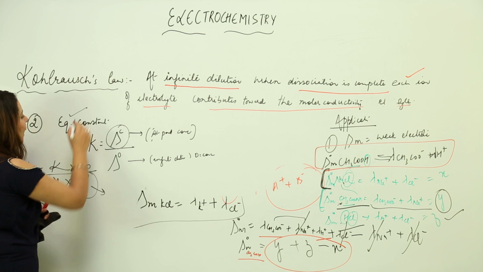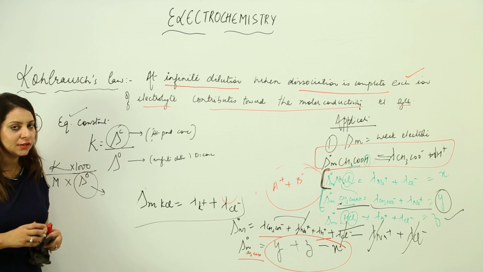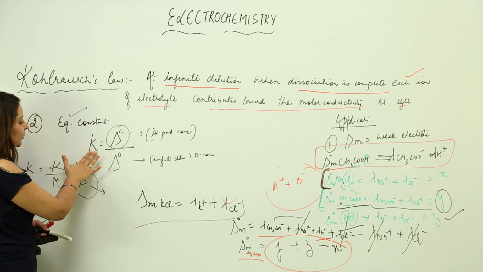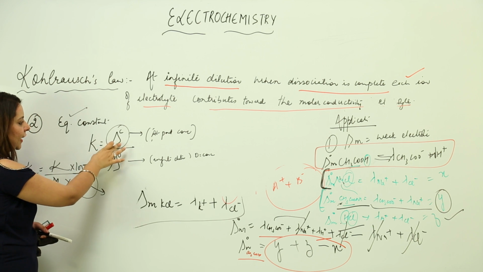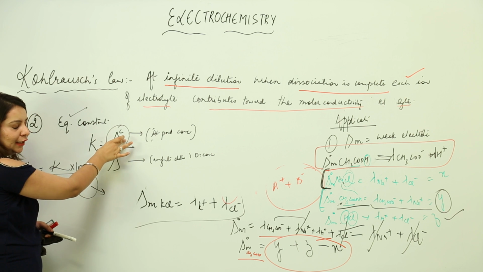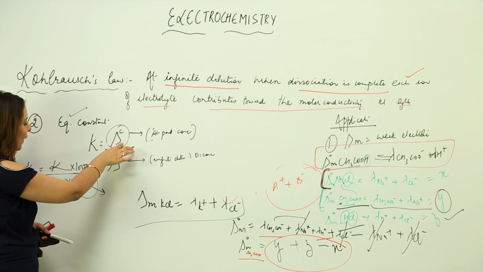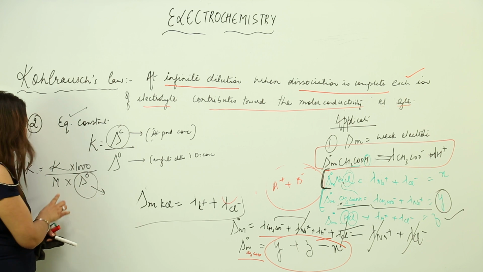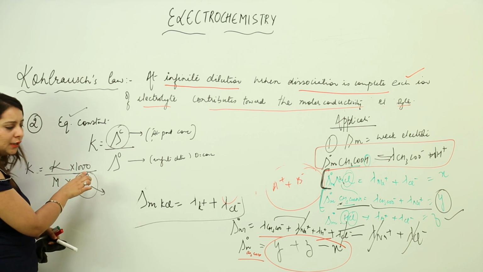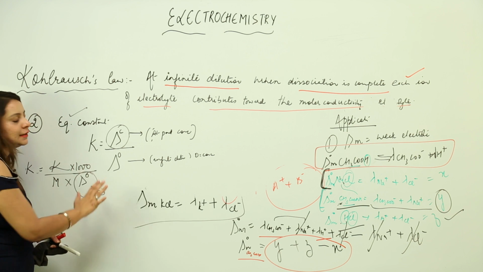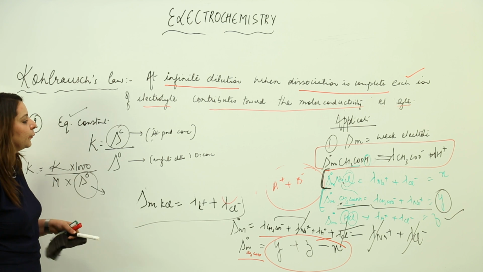So this is the second application, that we can find the equilibrium constant. How? We just had K equal to the conductivity at a particular concentration to the conductivity at infinite dilution. Putting this value, for molar conductivity we have kappa upon m into 1000. So this is what we can get, we can solve for K.